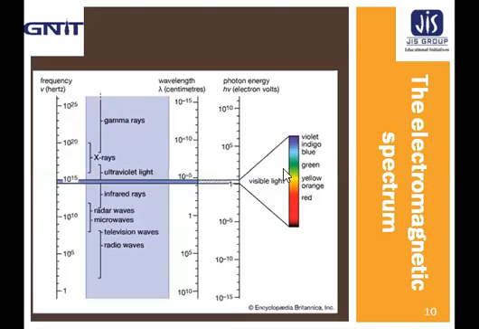The electromagnetic spectrum consists of the entire range of electromagnetic radiation, and radiation is the energy that travels and spreads out as it propagates. The types of electromagnetic radiation that make up the electromagnetic spectrum are depicted in this figure.